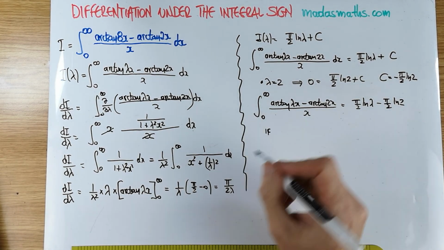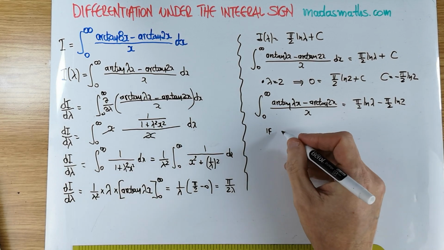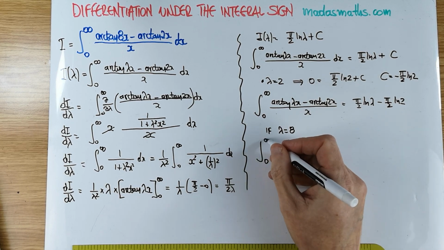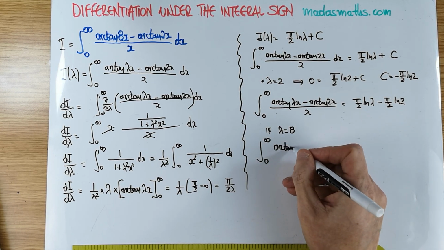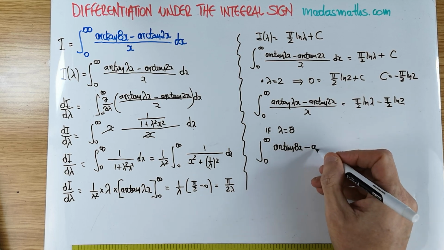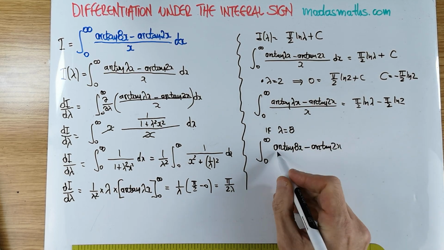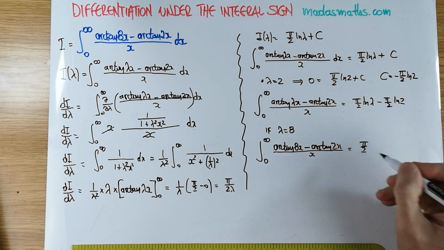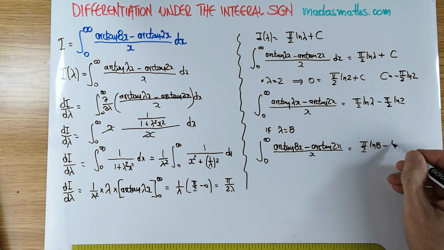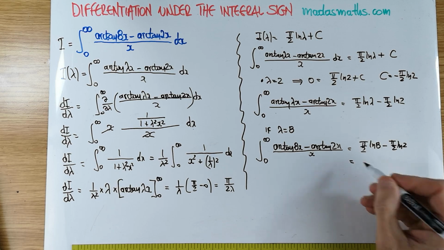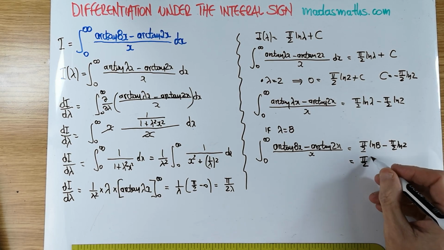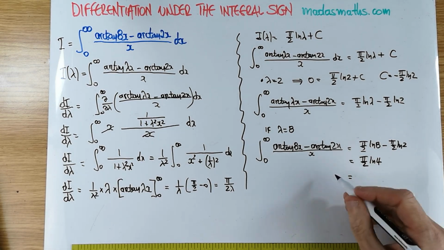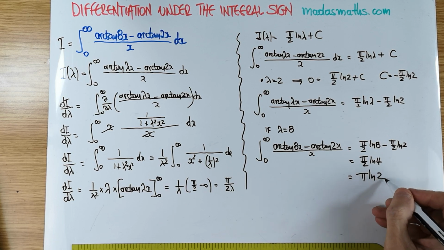Therefore, in order to find the required integral, lambda turns out to be 8, so the integral from 0 to infinity of arctan of 8x minus arctan of 2x, the whole thing over x, is going to give us pi over 2 log 8 minus pi over 2 log 2, which simplifies to pi over 2 log 4. We can do even better than that: because 4 is 2 squared, move the 2 to the front, giving pi log 2.